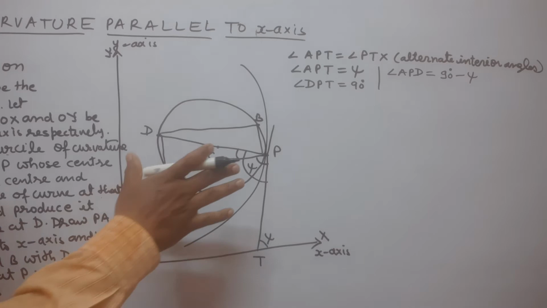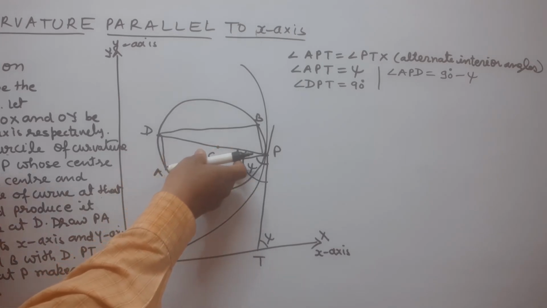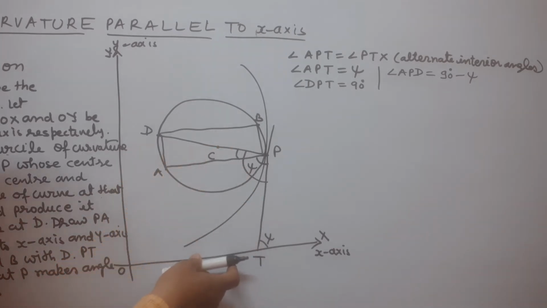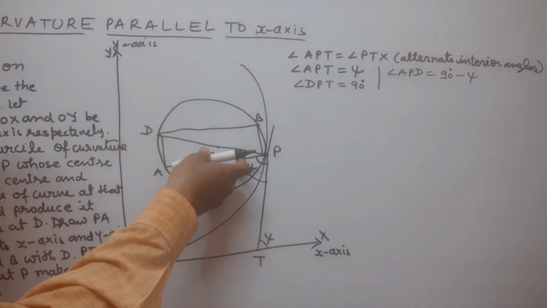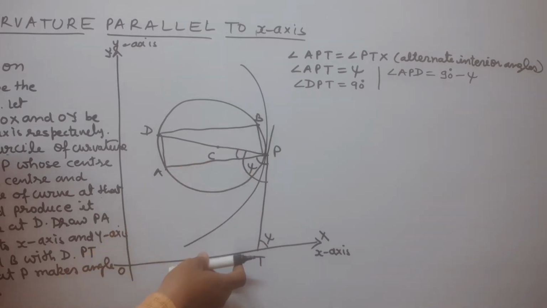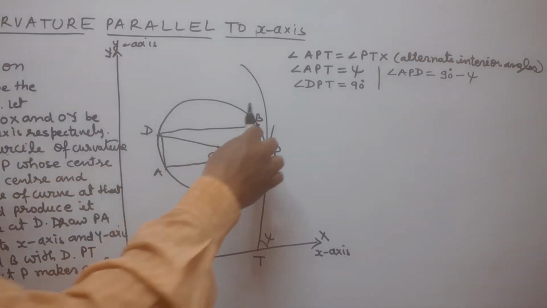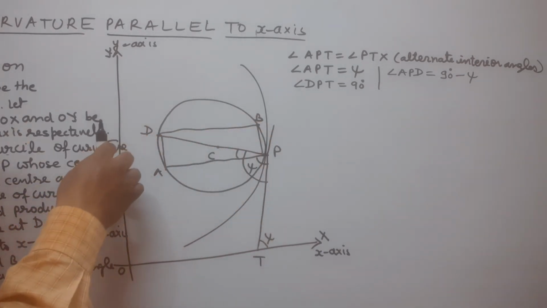Now we find here AP. AP is the chord which is parallel to x-axis, and BP is that chord which is parallel to y-axis.